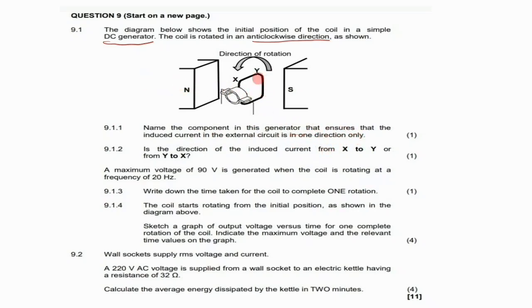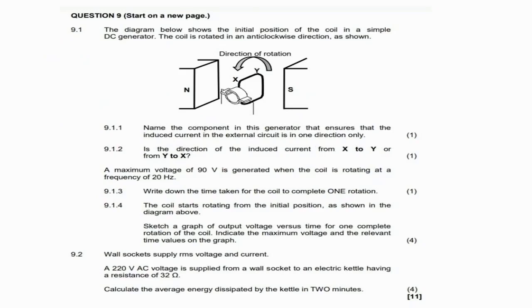So we know that this is a generator, and a generator has a component that we know as the split ring commutator, whose one and only function is to ensure that the induced current in the external circuit is in one direction. So this is the component that we are looking for, the split ring commutator.